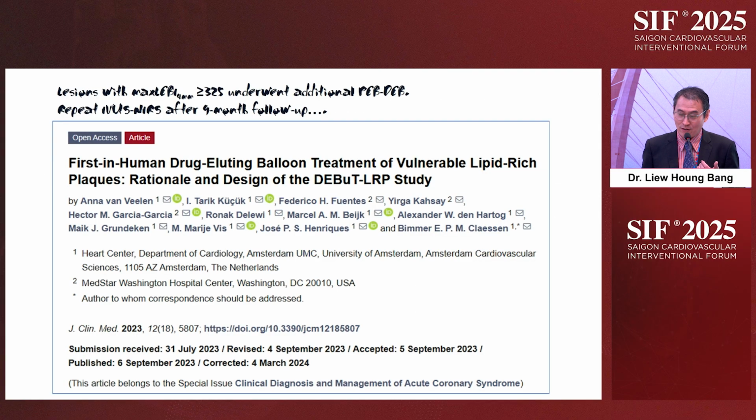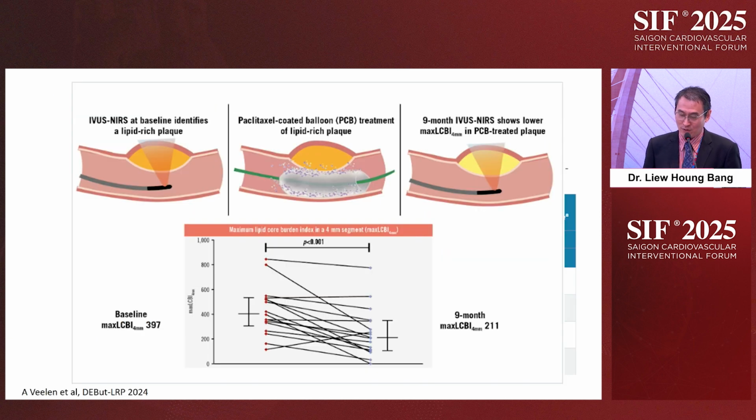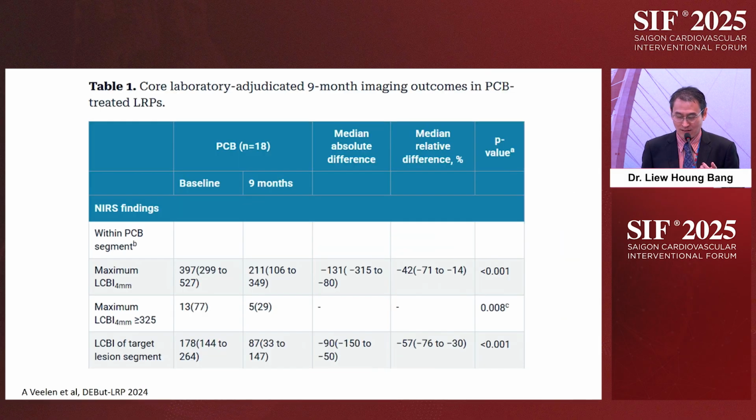This is not just an isolated case. We also have a study that looked at this. This is the DEBUT ARP study, that looked at drug-coated balloon in vulnerable lipid-rich plaque. They looked at patients, similar to what I was showing you, with initially high LCBI of 397, and post-treatment at 9 months, it came down to 210.